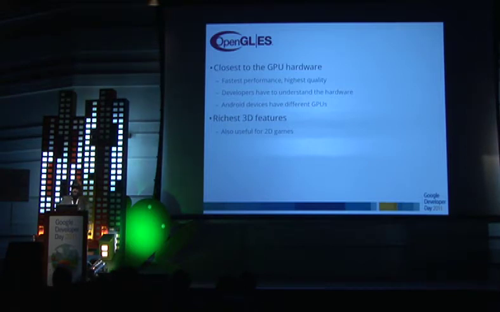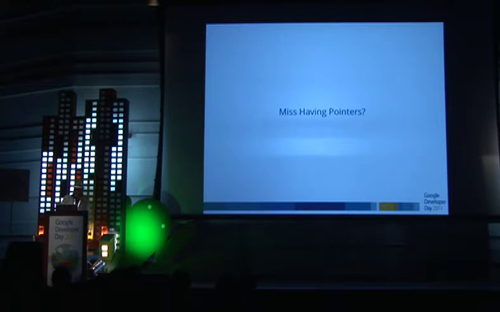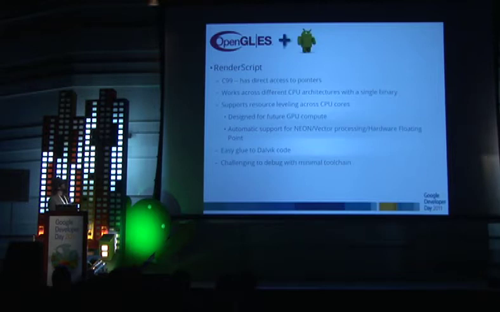Now, if you miss having pointers, no matter, you might want to use RenderScript. You thought I was going to say NDK there, but no. RenderScript is actually really cool because it gives you access to pointers, and it gives you access to a whole structure for doing fast 3D graphics across different CPU types.